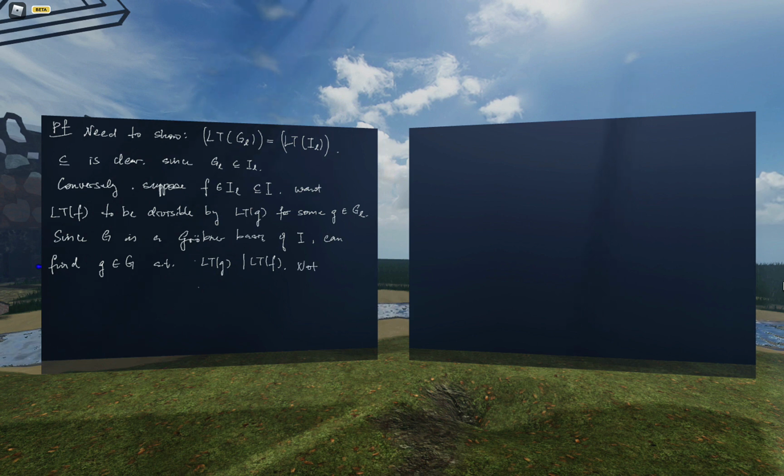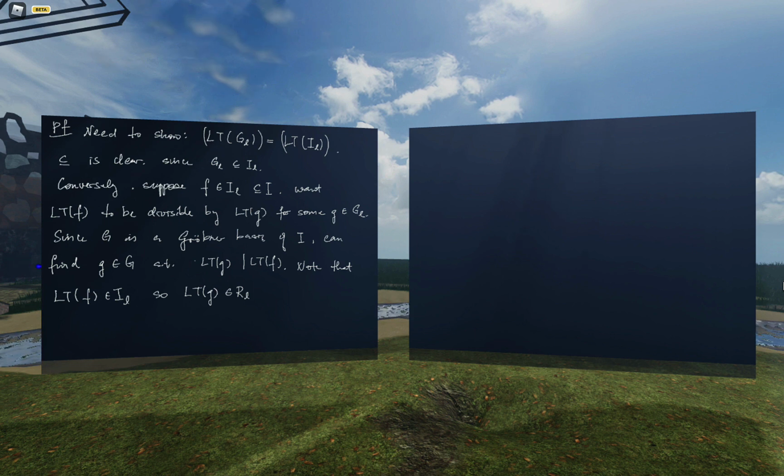So note that LT of F is actually in IL. So LT of g is in RL. Okay, so why is that? What does being in IL and being in RL mean?